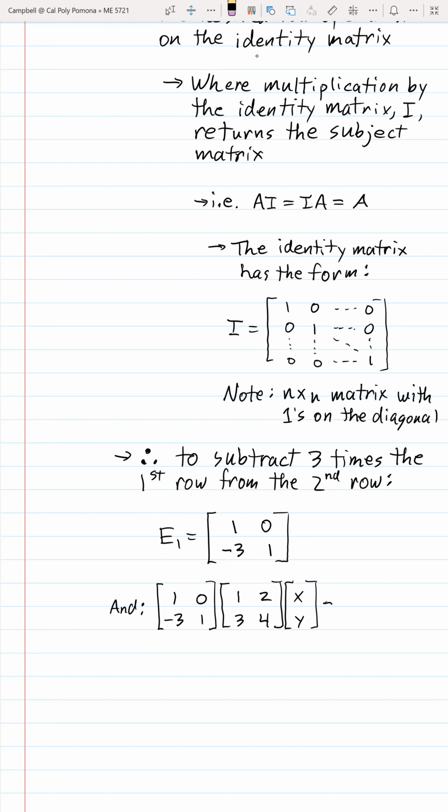And then 2 times -3 is -6, plus 1 times 4 is -6 plus 4. That's -2, just like we had before. And of course, this is all multiplied by x, y. Okay, so that captures that.